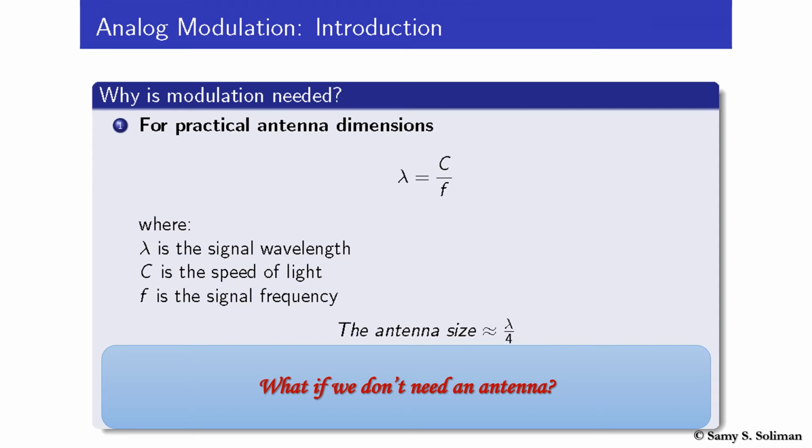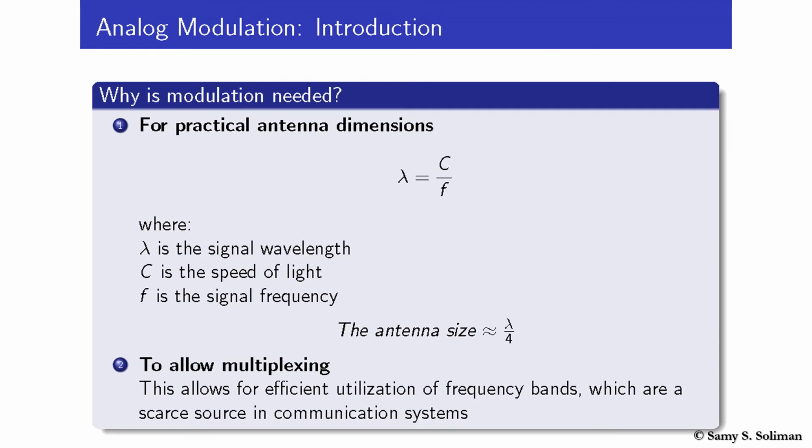So the question now is, do we always need modulation even if we don't have wireless communication? The answer to this question represents the second reason why we need modulation.